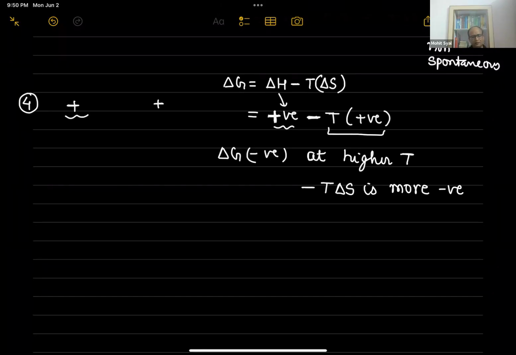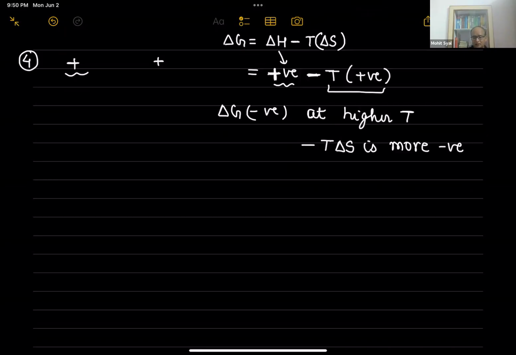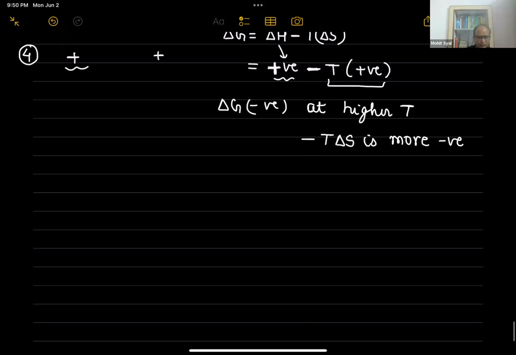Or, just like the enthalpy of formation, the standard Gibbs free energy of formation can be given, and with that you can figure out the Gibbs free energy change for a chemical reaction. Either you will be given delta H and T delta S, or you will be given the Gibbs free energy of formation of a compound.